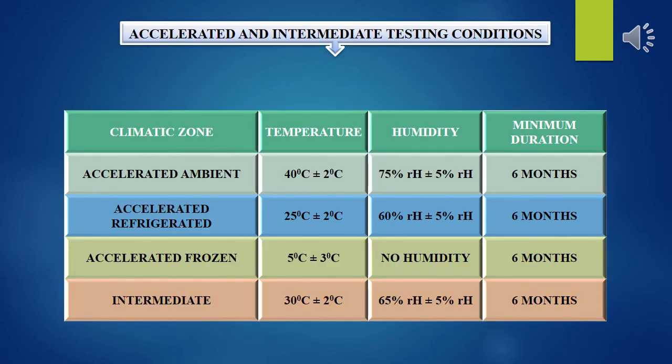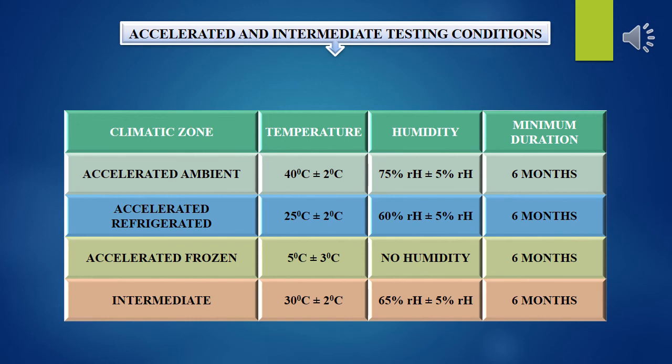Now let's discuss accelerated and intermediate testing conditions: climatic zone, temperature, humidity and minimum duration. The climatic zones are accelerated, ambient, refrigerated, frozen and intermediate. What is the temperature range? 40 degrees Celsius plus or minus 2 degrees Celsius for ambient conditions and humidity 75% relative humidity plus or minus 5% relative humidity.